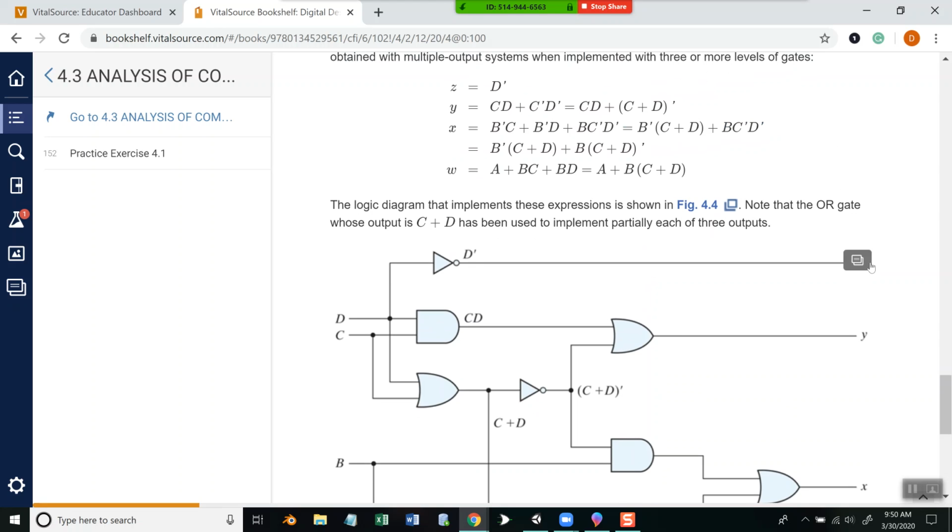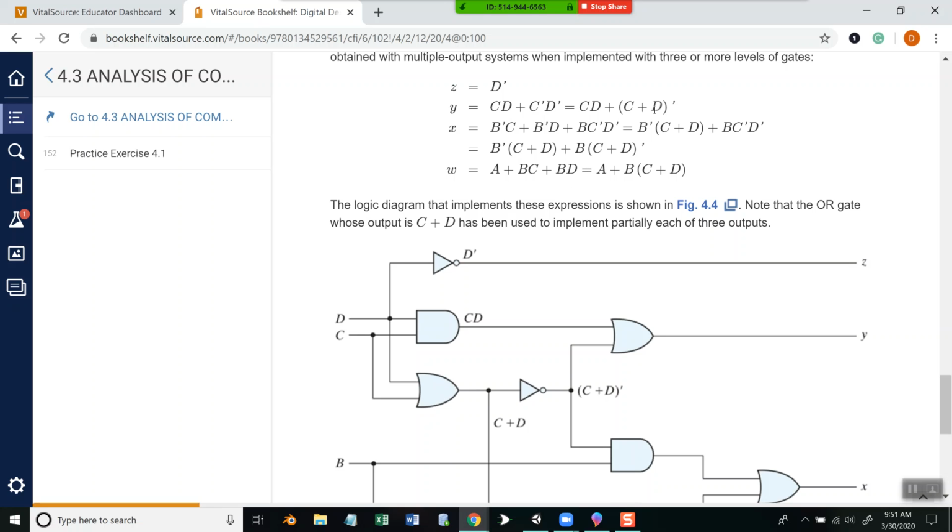Z is coming from here, and that's equal to D prime. So D's coming in here, going through an inverter. Y is CD plus C plus D, inverted. Here's my first part, the CD, C and D. So it's coming in, and C and D are branching down here into an OR gate.